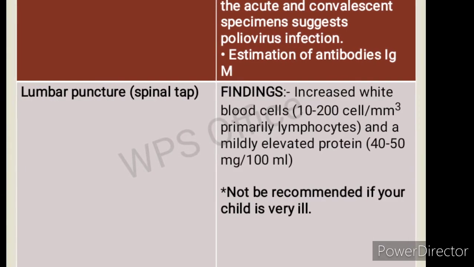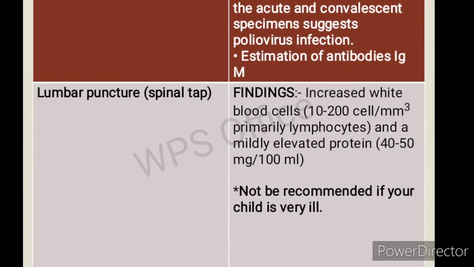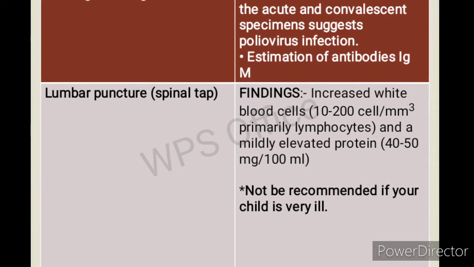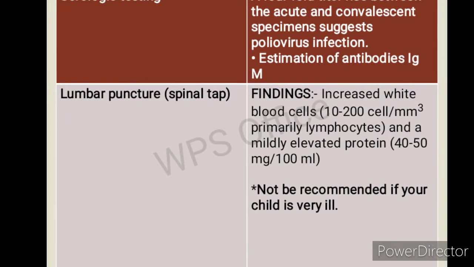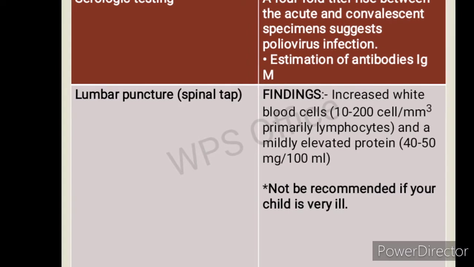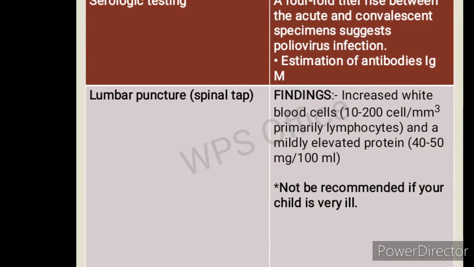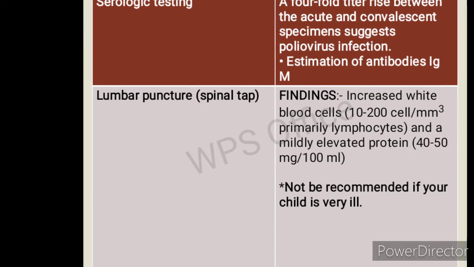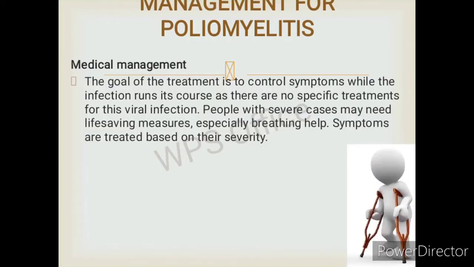Then in the serological testing, a 4-fold titer rise between acute and convalescent specimens suggests poliovirus infection. So the viral load will increase, 4 times increase will be there in the viral load. Then estimation of antibodies, IgM. And then in the lumbar puncture or spinal tapping, there will be increased white blood cells and mildly elevated protein.